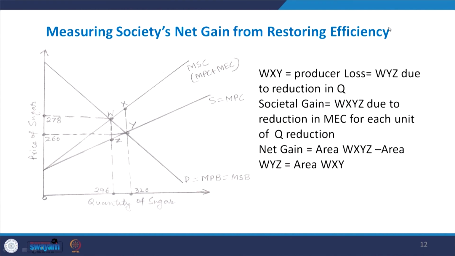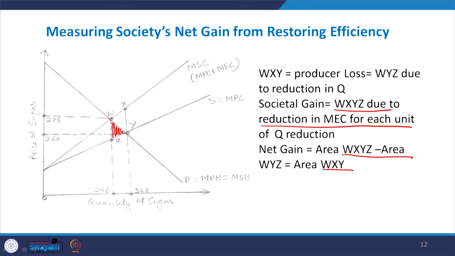You can see that WXY is the producer loss, you can see this part, and the societal gain is WXYZ, the total gain due to reduction in MEC for each unit of Q. But since there is a producer loss, if you deduct the producer loss, then you will get the net gain, that is area WXYZ minus area WXY.